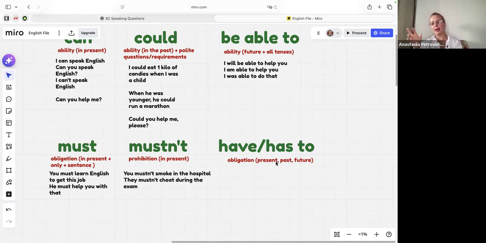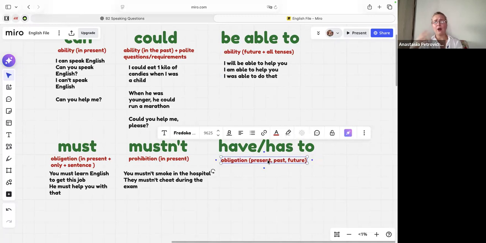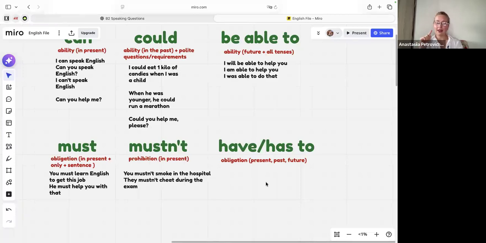And have to or has to, when there are some rules, there are some laws, and so on and so forth. However, in reality, it doesn't really matter much. It is all the same, and these are the equivalents, specifically because if you want to use must in the future or in the past, you have no other way apart from using have to and has to, proving that these are the absolute equivalents, okay?